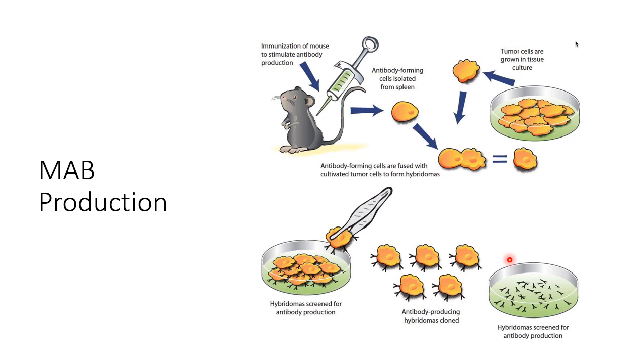So let's have a quick recap. We know that antibodies are specific proteins that originally are produced to combat infection, but there are also antibodies that are produced to combat specific pathophysiologic processes, for example, cancer, autoimmunity.